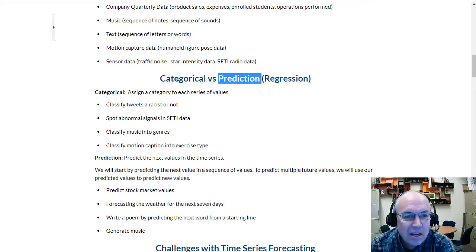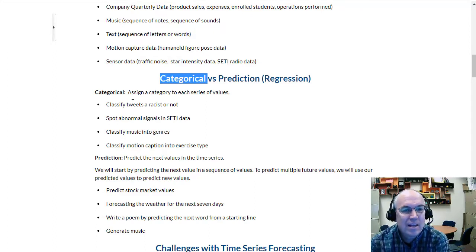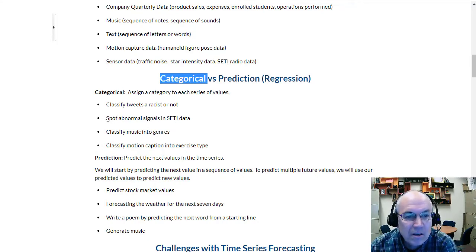So let's talk a little bit about categorical. You might take a set of tweets and try to classify them as racist or not, or reviews of music or products, and classify whether these reviews are positive or negative. You might be looking for abnormal signals. In SETI, the search for extraterrestrial intelligence, they get a lot of radio signals that are just normal, and they're trying to identify the abnormal signals.